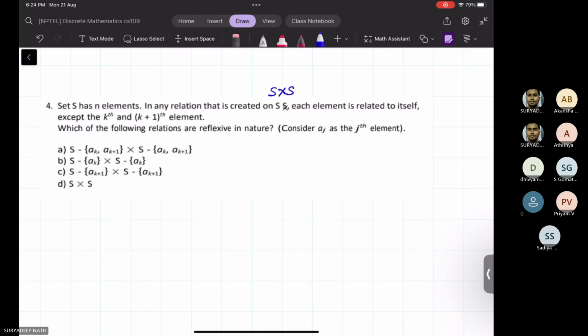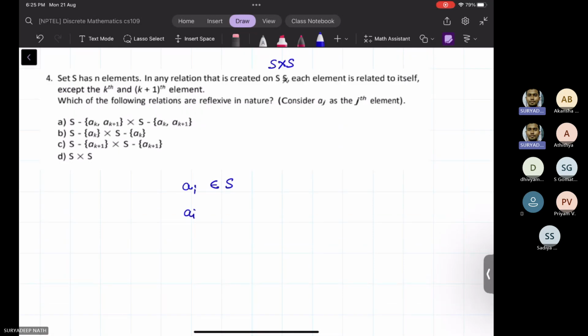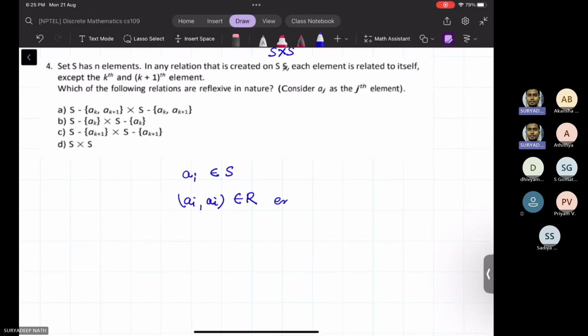It means that if you take an element AI from set S, then AI belongs to this relation R, except when I equals K or K plus 1.